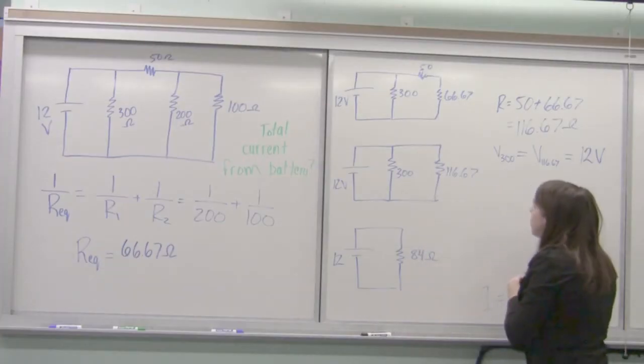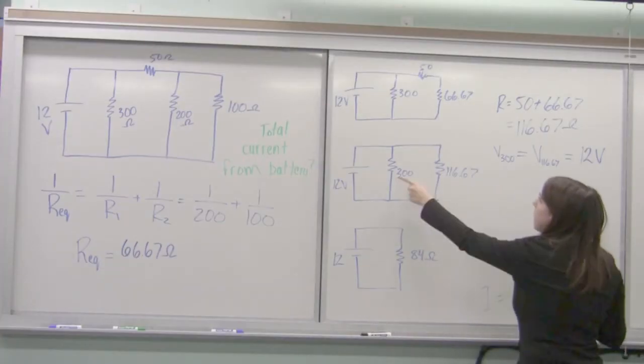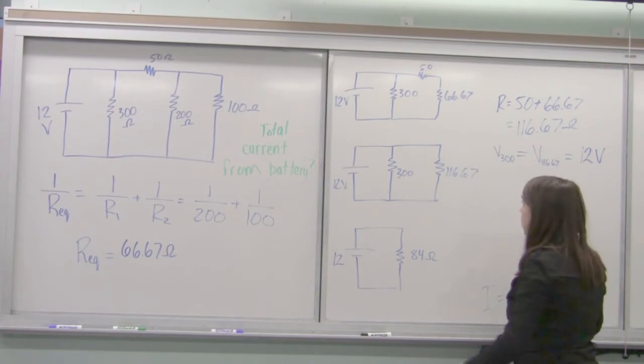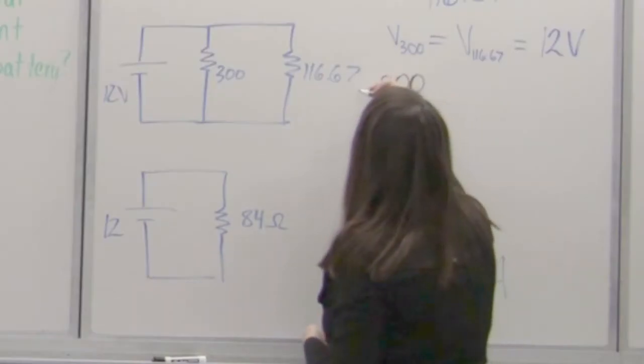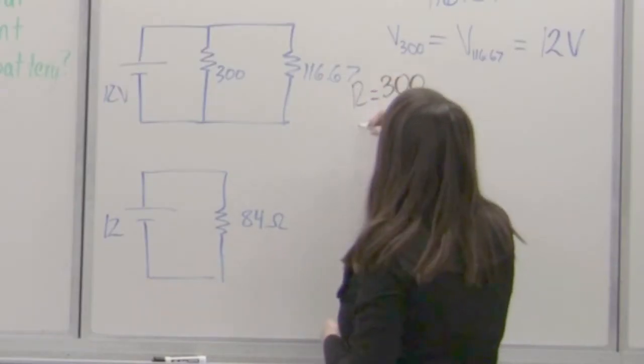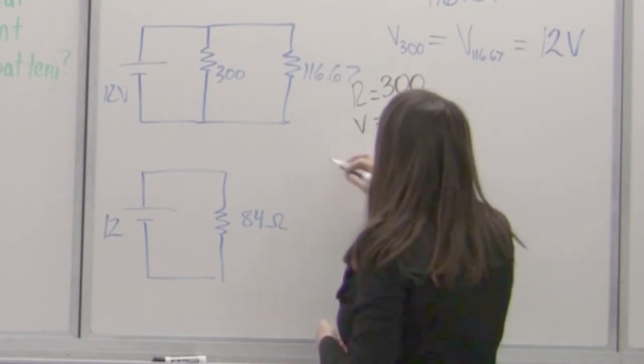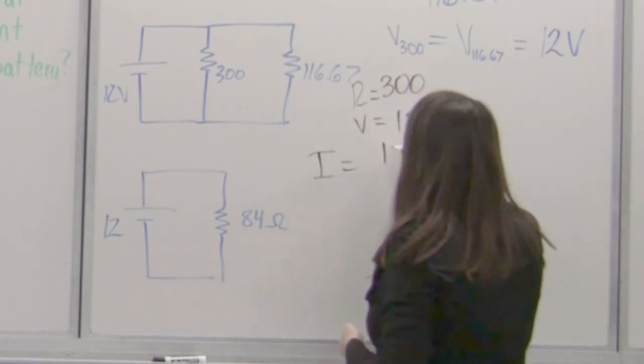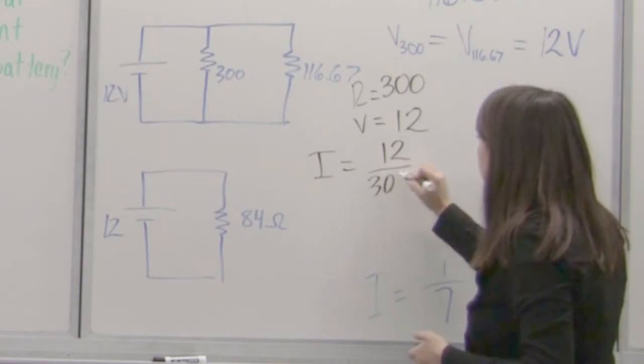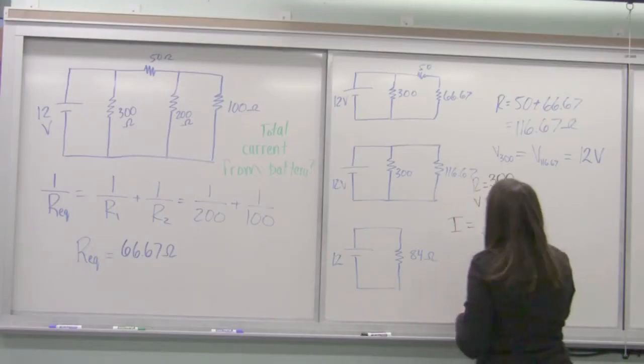Let's look at the 300 first, because that's the one that will actually start to give me an answer here. For the 300, the resistance is equal to 300, the voltage is equal to 12, so that means the current is going to be 12 over 300, and that gives me 0.04 amps.